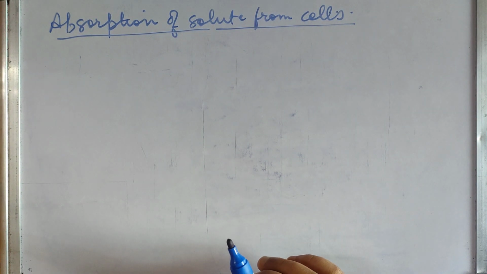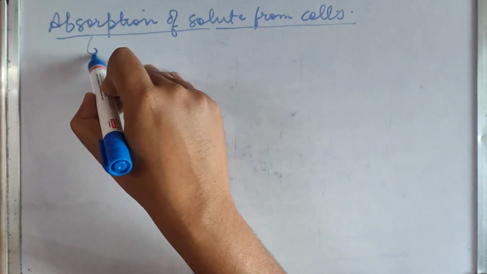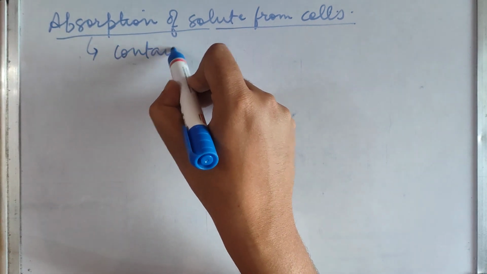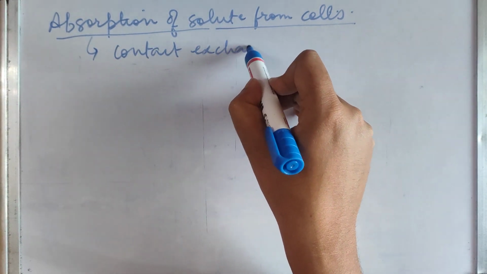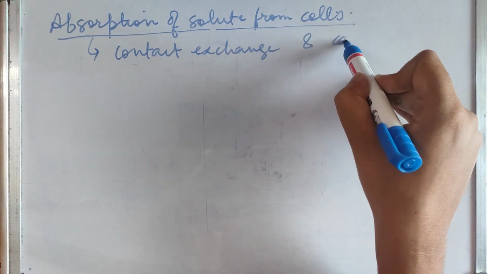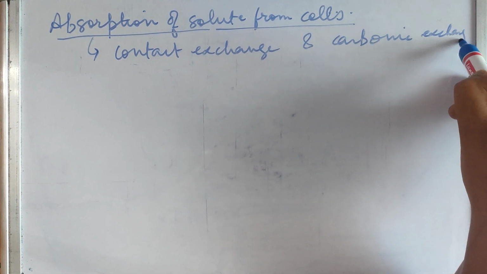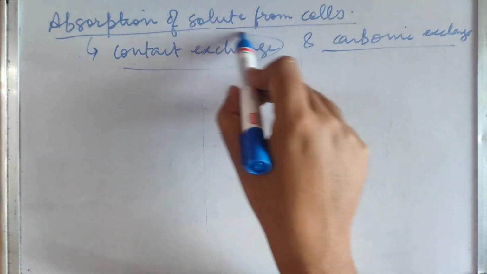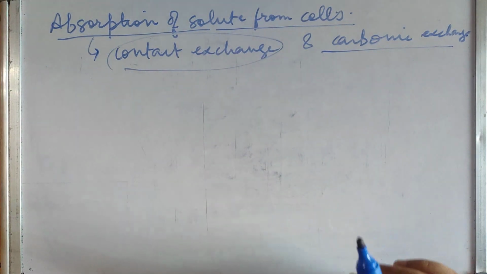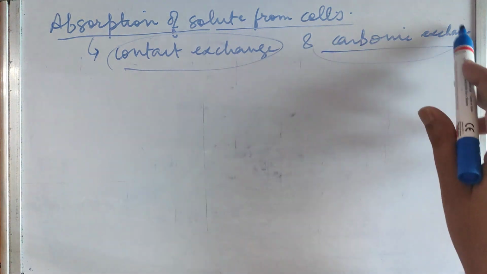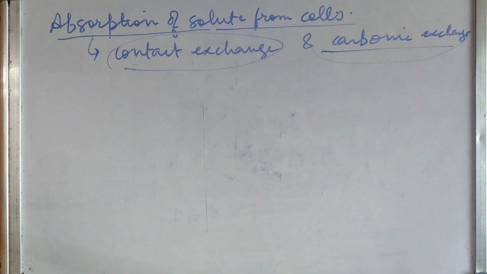So in the process of contact exchange and carbonic exchange, I have discussed contact exchange and carbonic exchange in previous lectures in detail, how ions are exchanged between themselves using the carbonic or carbon dioxide cycle exchange, or using contact exchange.